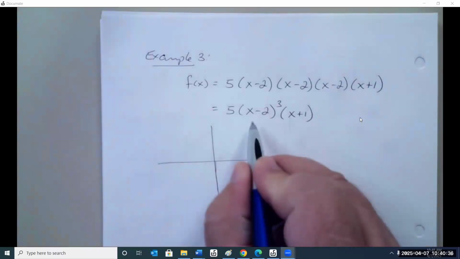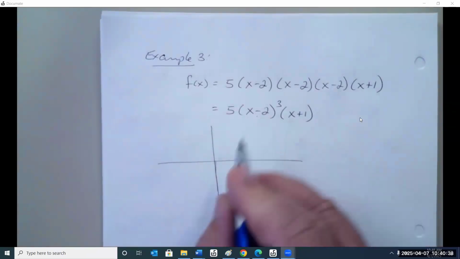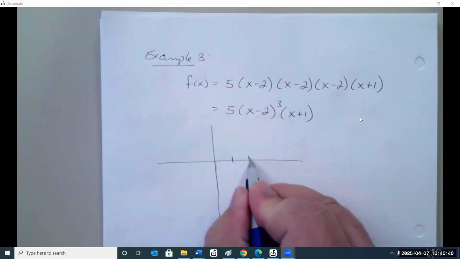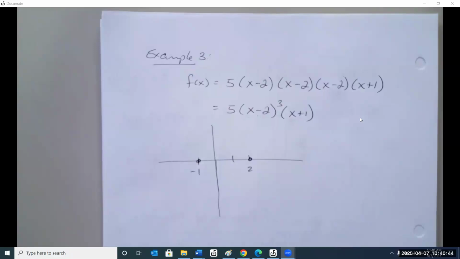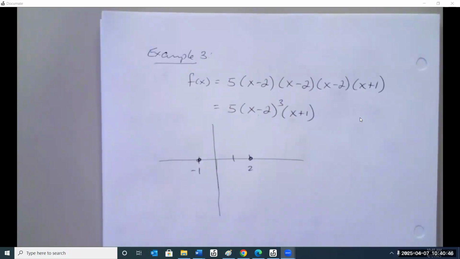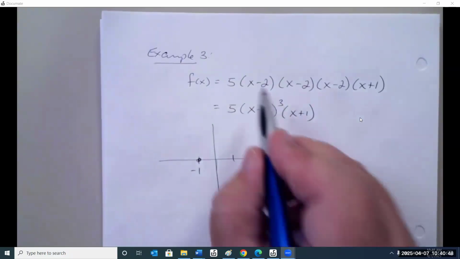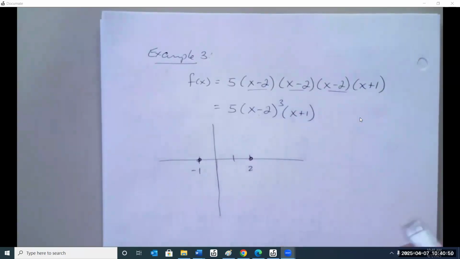Well, set these equal to 0. x minus 2 equals 0. It's at 2 and at -1. Those are my x-intercepts. Because it happens 3 times.